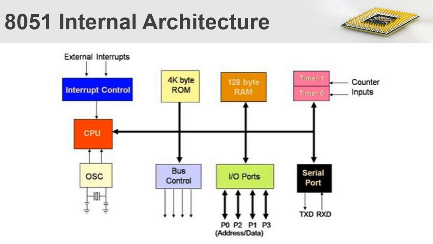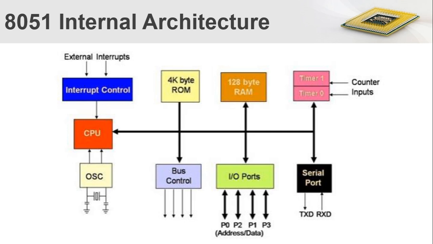So with the help of this serial port interface unit, using this P3 port, the 8051 can also support serial mode of transmission. Using this P3 port and the serial port interface, we can perform serial mode of data transmission with external peripheral units.